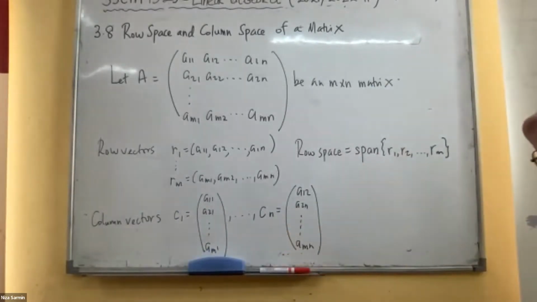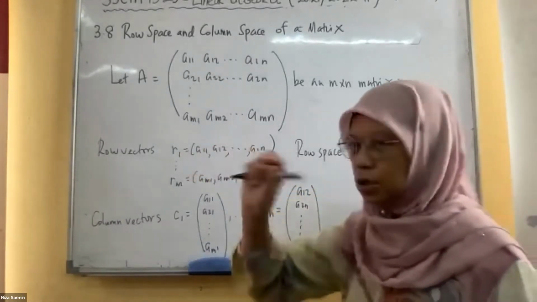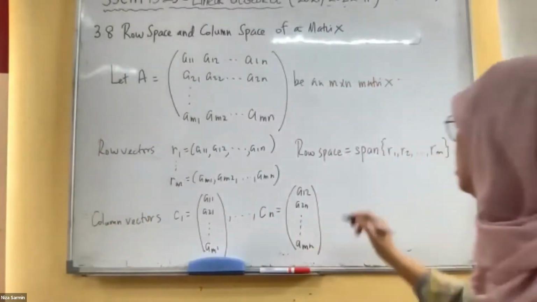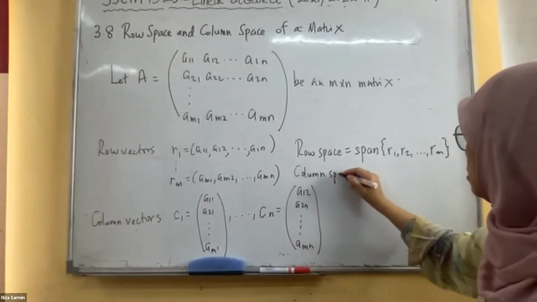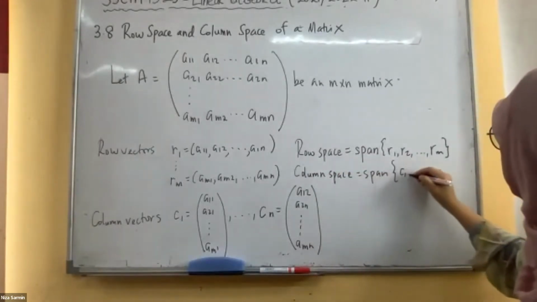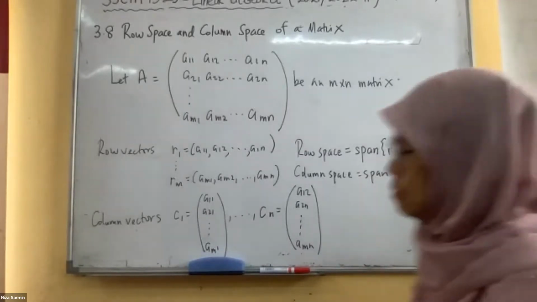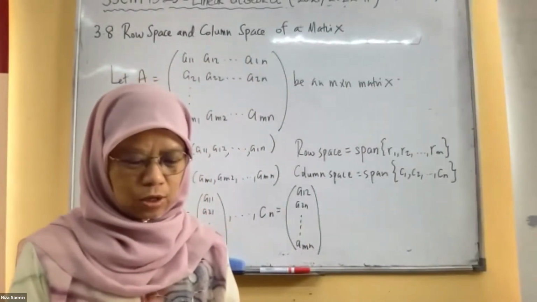You take row one, row two, row three, you take the spanning set. And the column space is the span of all the columns. So that is the definition of the row space and the column space.